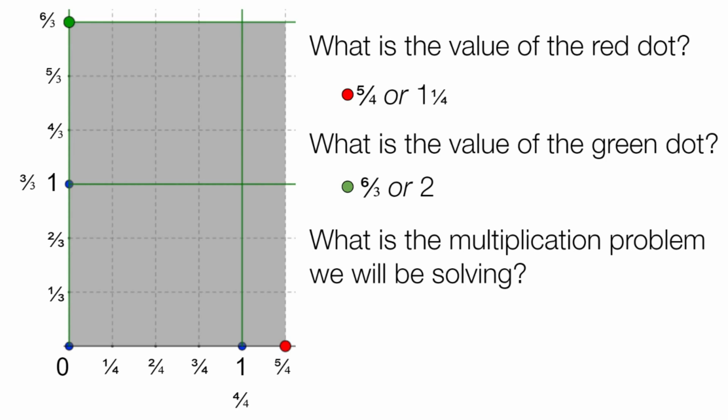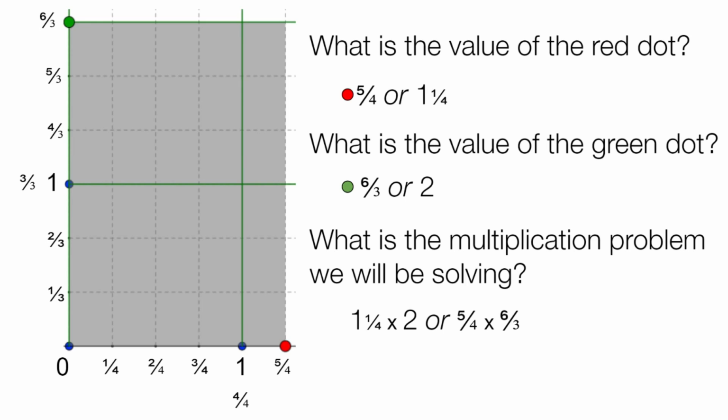So now that we've figured out the green dot and the red dot, what is the multiplication problem that we are going to be solving? Take a guess. You can use any combination of names, but we're basically multiplying the green dot by the red dot.